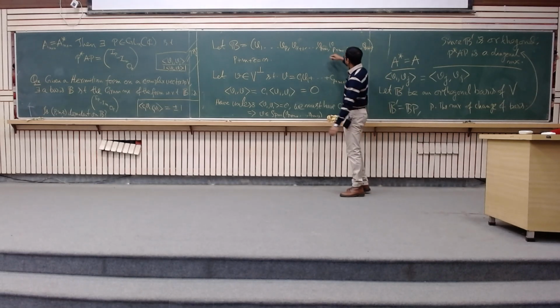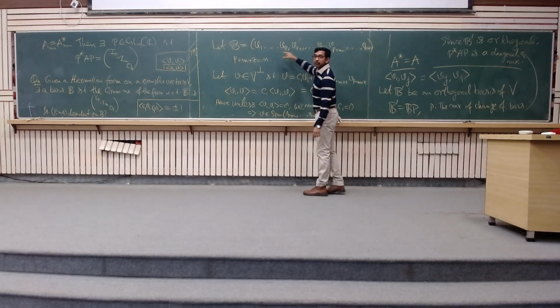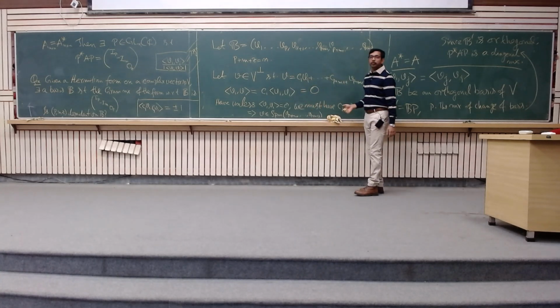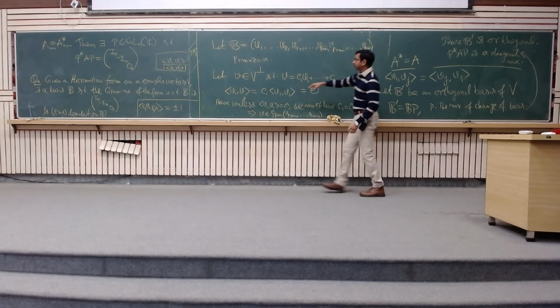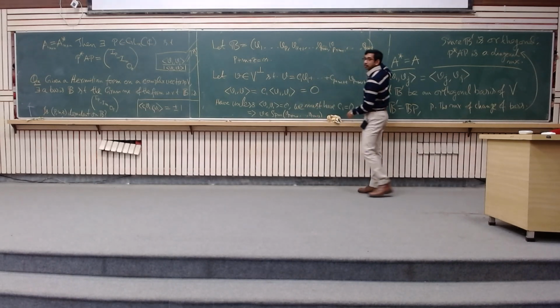If you take the product of this with itself, that is equal to 0, right? If you take the product of this with any other of the basis elements, that's also equal to 0, right? Because it's an orthogonal basis. So all these basis elements are here, and therefore their span is also there. So it's a both-way containment, and therefore V_perp is just equal to the span of this.